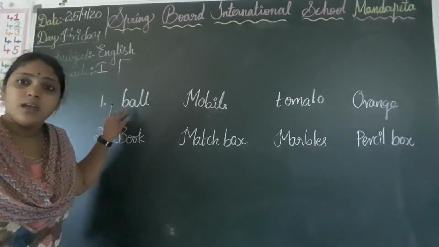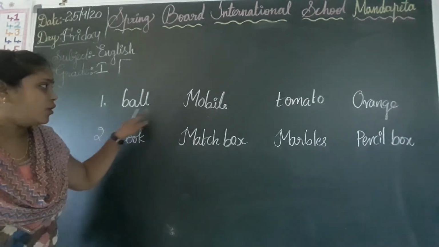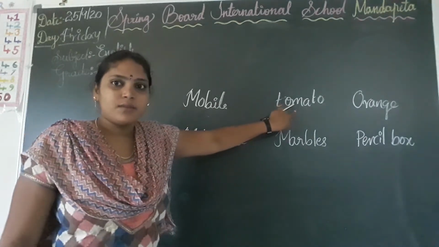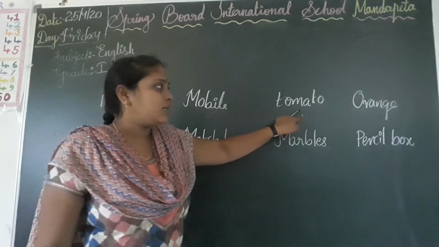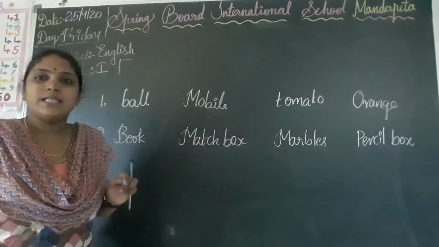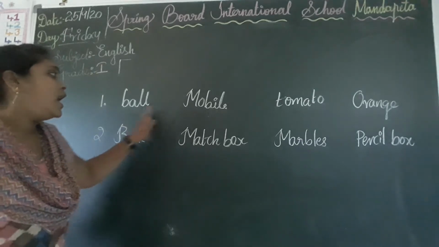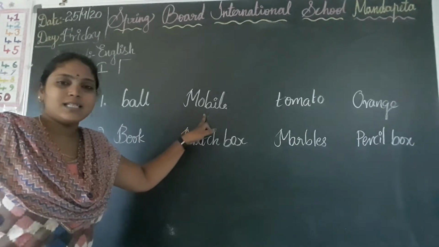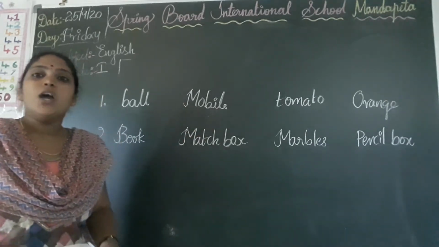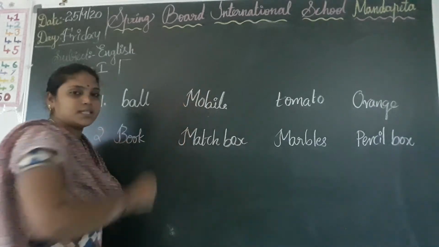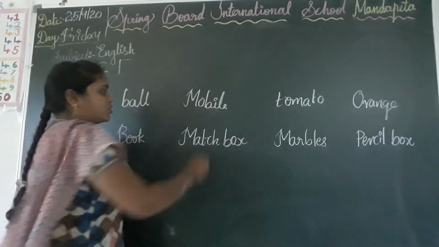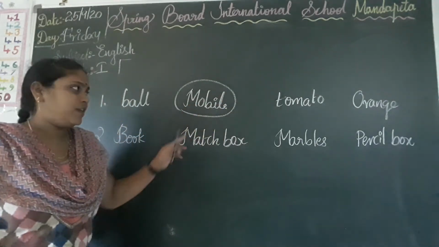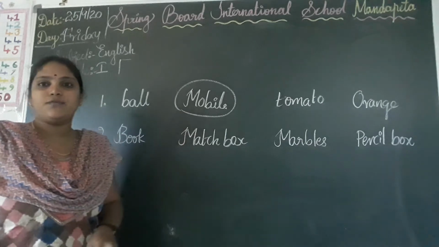Here the mobile has a flat surface and the tomato is a circular shape and the orange is also a circular shape. So once you check, except the mobile, these three have a circular shape and this one only has the flat surface. So this is different from these three. So this is the odd one out. So you have to circle the mobile. Why? Because the remaining three have circular faces and the mobile only has the flat surface.